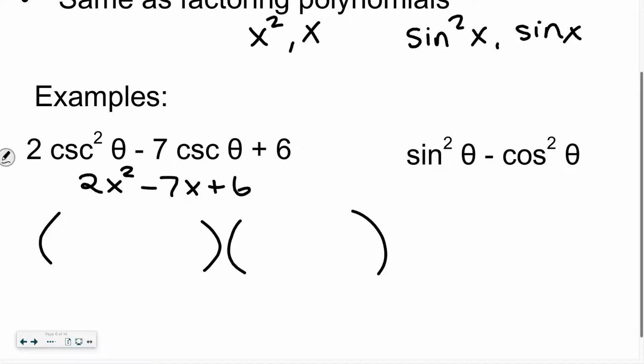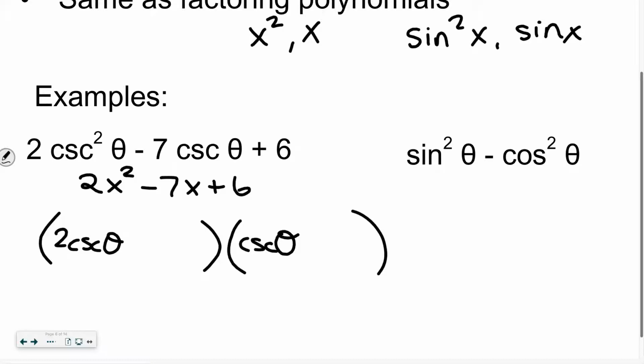A 2 cosecant theta and a cosecant theta. Okay, that gets me my first term. Now, I usually jump to the back of the trinomial and ask, what will multiply to give me positive 6?